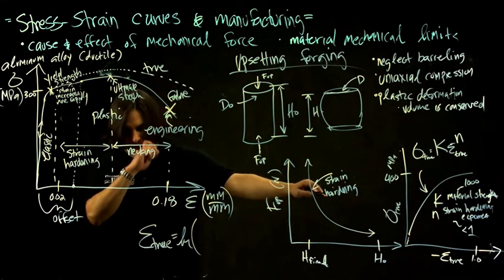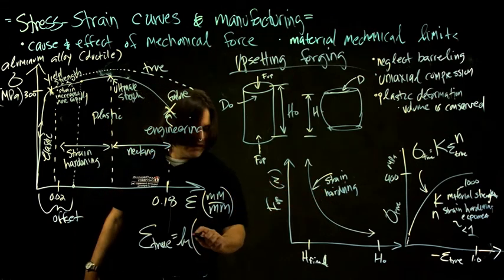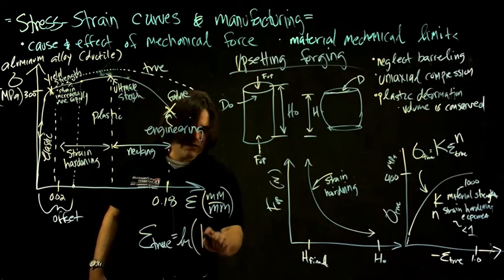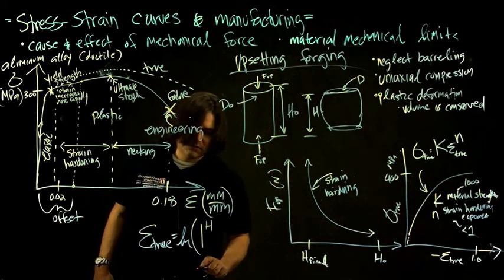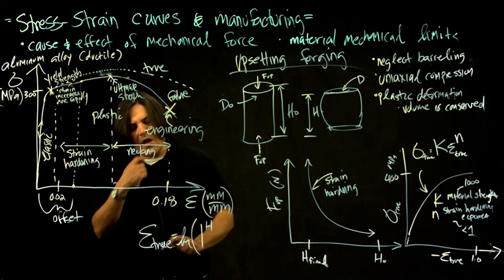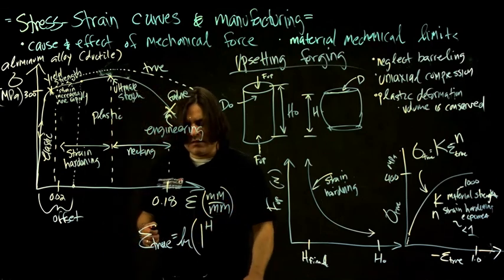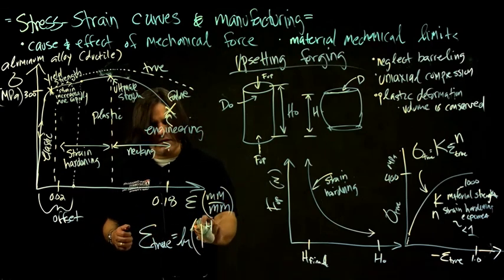Because this is a compression, it's negative, so we can use the absolute value of this ratio, or the inverse.